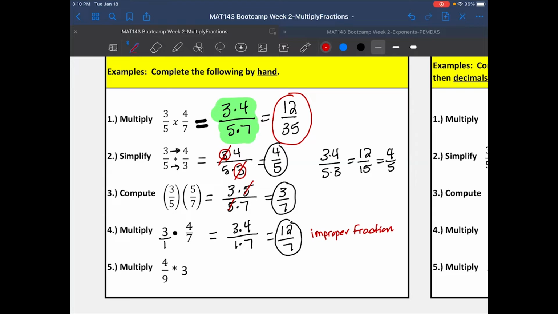If we were to change this to a proper fraction, we would say 7 goes into 12 one whole time. So I have one whole, and then I have 5 left over out of 7. This would be the proper fraction equivalent, also known as a mixed number.